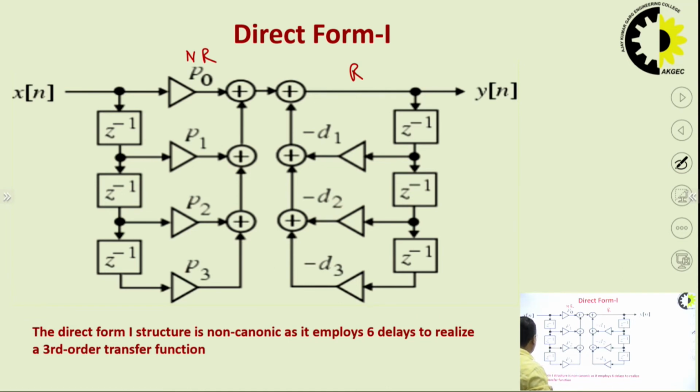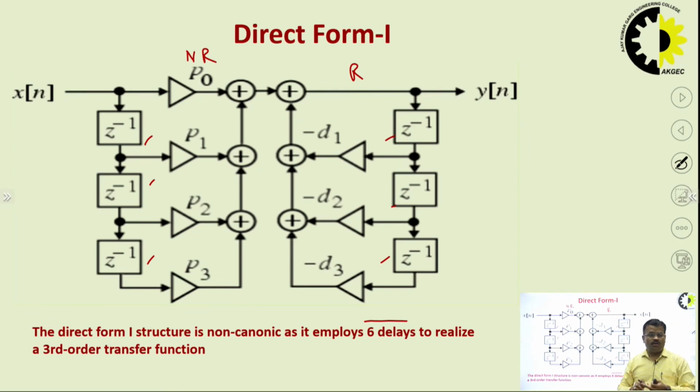So this direct form 1 structure is non-canonic. Why? Because it employs 6 delay elements, 1, 2, 3, 4, 5, 6, to realize a third order transfer function. It means H(z) is of third order only, but you are using 6 delay elements.